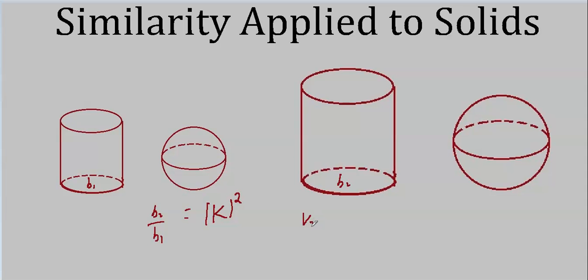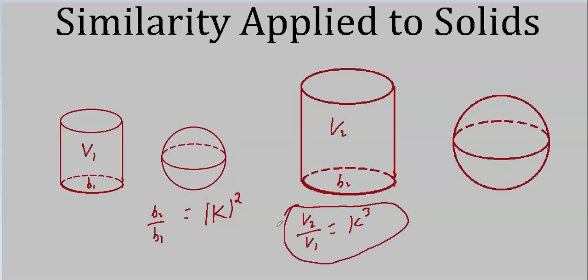We'll say volume for this cylinder is V2, and this one is V1. Well, V2 over V1, guess what? It's k cubed. And this was probably the most important part of this section. There's really not a whole lot to say about these that we haven't already said in the two-dimensional case. This is the only thing that's any different.